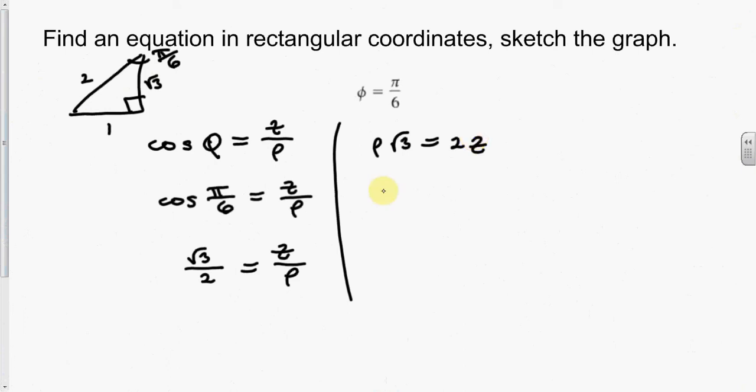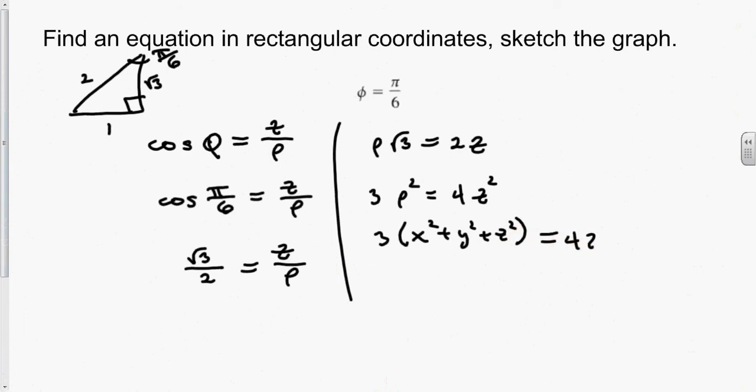So when I square everything, I get 3 times rho squared is equal to 4 z squared. So this is 3 times x squared plus y squared plus z squared, because that's rho squared, right? And that's equal to 4 z squared.